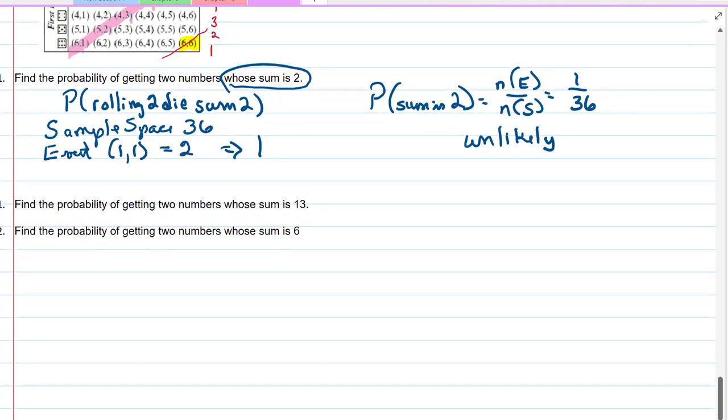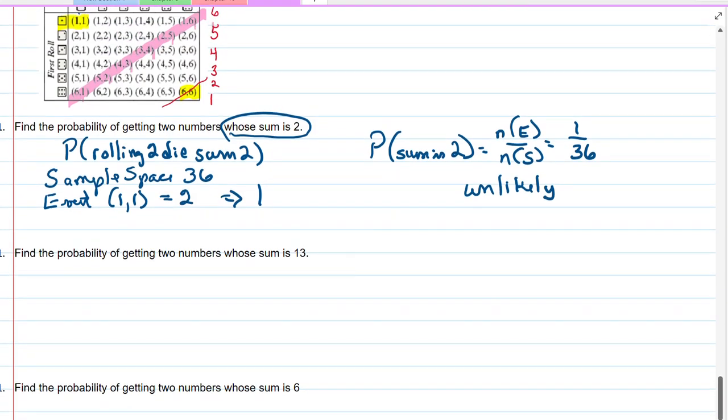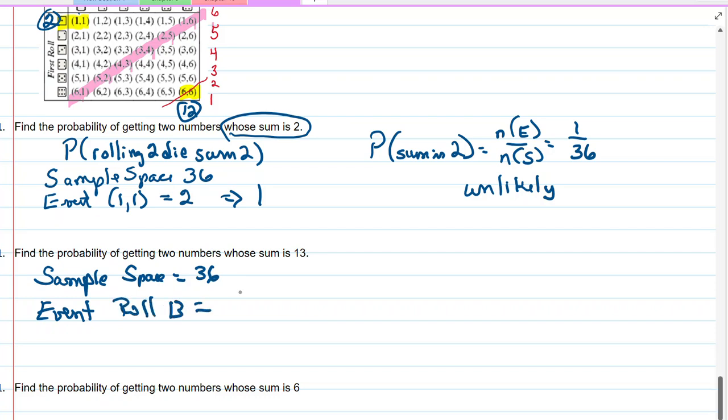Now we have this one: the probability of two numbers whose sum is 13. Well, we said our highest is 12 and our lowest is 2, so there are no two six-sided dice that can give us a 13. We know the answer, but let's structure it so there is no mistaken information. Our sample space is 36. Our event is to roll a 13, and it is 0.